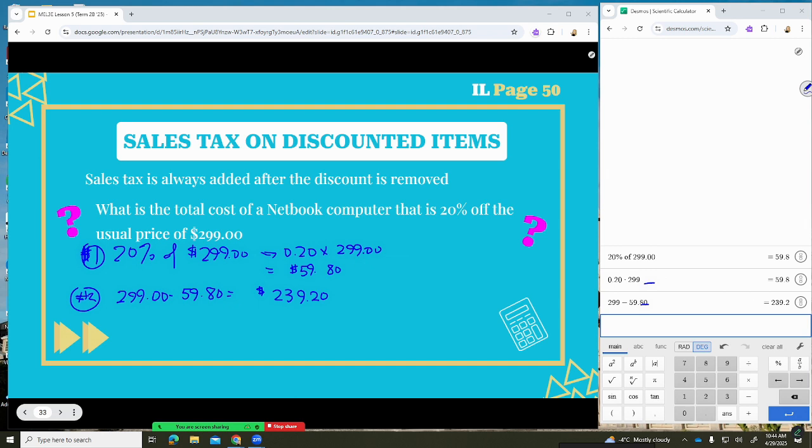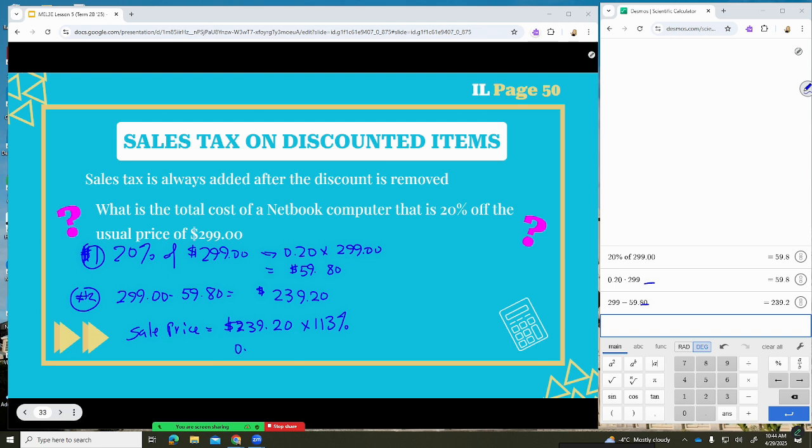Well, the sale price is $239.20. But now we still have to pay tax on that. We don't just get it for $239.20. We still have to apply HST. So that's the 113%. That's the 13%.